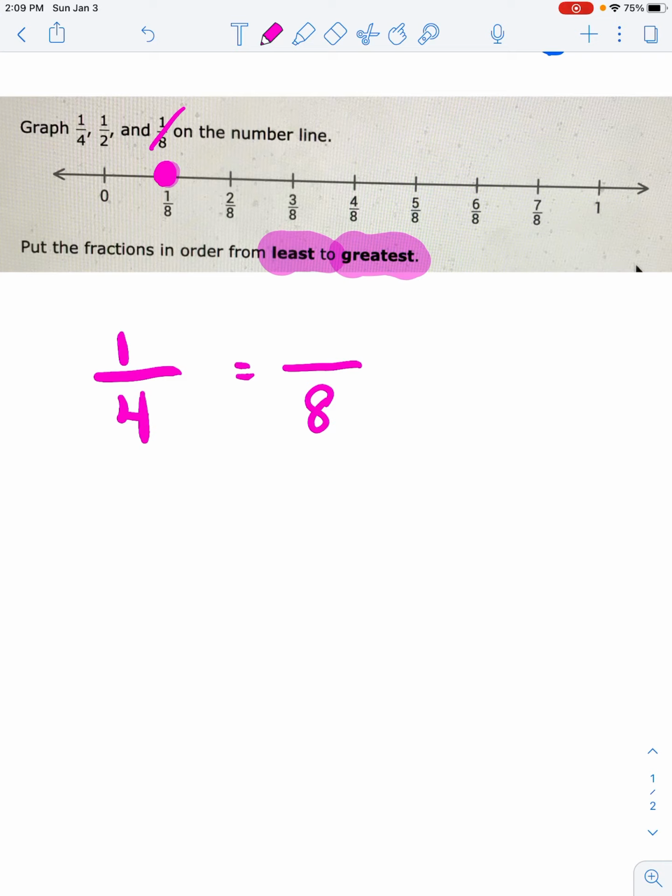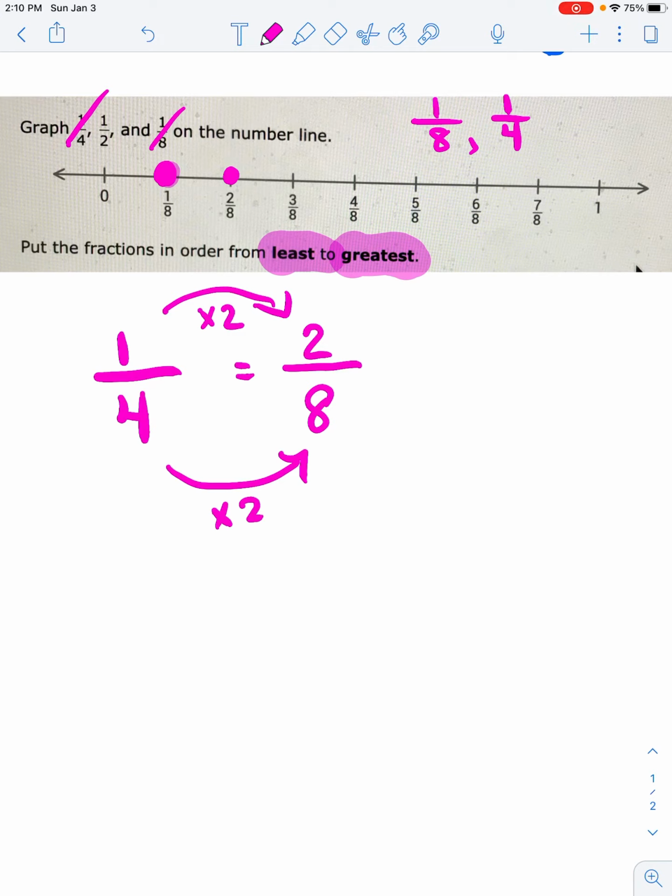All right, well, this is a simple proportion, and so that means that whatever I do to the denominator, which is times 2, I have to do to the numerator, which is times 2, and that gives me 2/8. So here we go. Here's 2/8, and here we should write these as we graph them. First was 1/8, and now we have 2/8, which is 1/4.